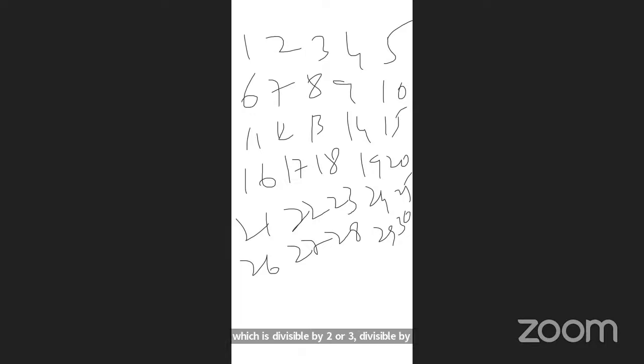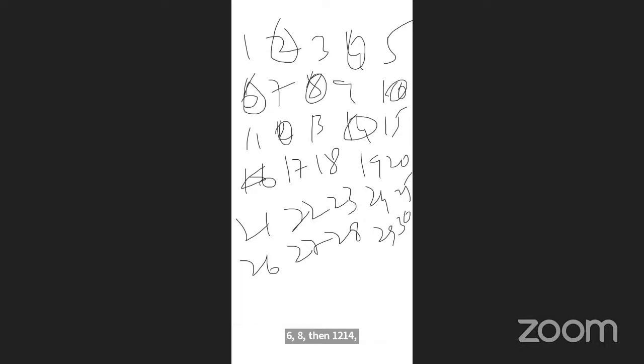Divisible by 2 is 2, 4, 6, 8, 10, 12, 14, 16, 18, 20, 22, 24, 26, 28, and 30.